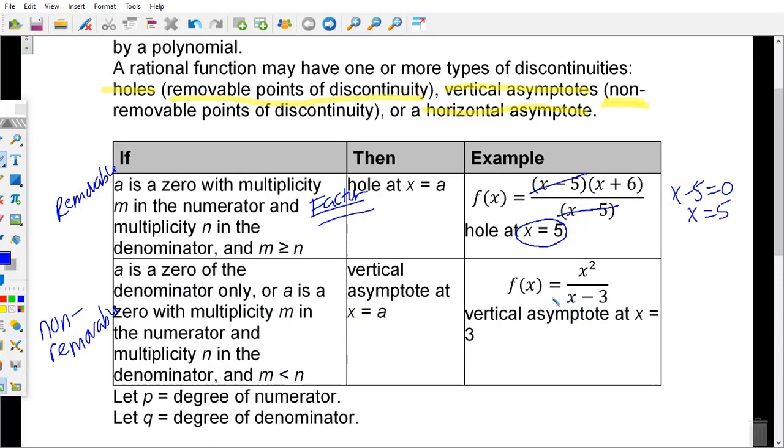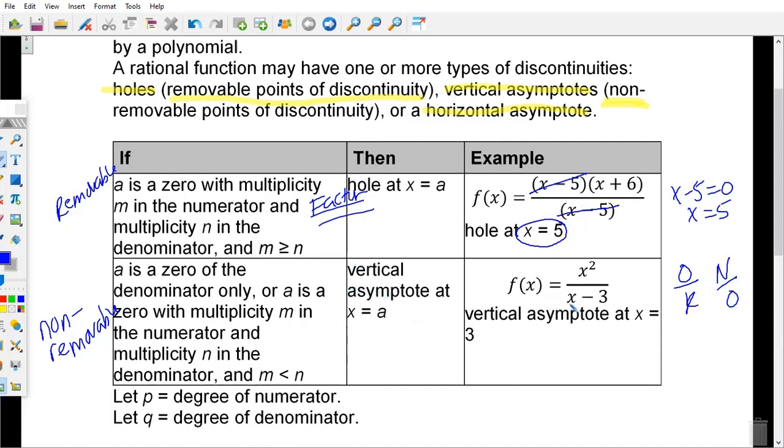Main thing is if there is something left in the denominator, because our denominator can't do what? Be 0. Remember, your denominator can't be 0. It is okay for 0 to be in the numerator, but it is a no-go for the 0 to be in the denominator. Okay, that's where our asymptotes come from. That's how you get a vertical asymptote.